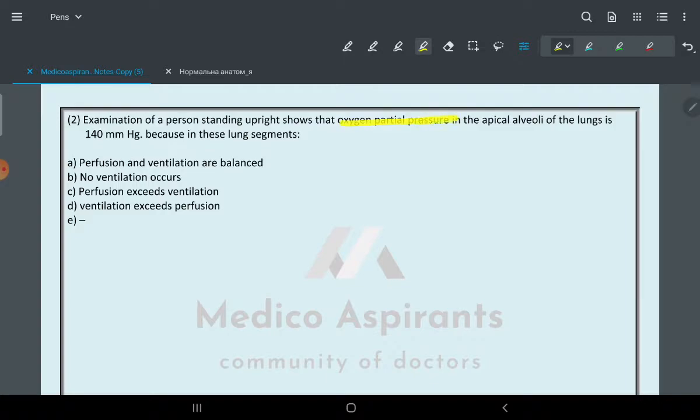Here oxygen partial pressure is given, apical alveoli lung segment, 140. In the options, it is asking about this as per initial information, physiology, right?